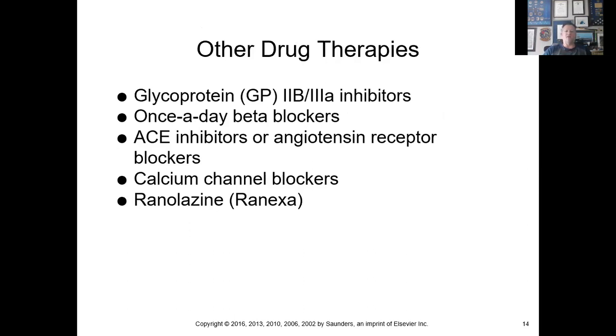Glycoprotein 2B3A inhibitors. Now, during PTCA, there are different inhibitors that you can give, such as Aggrastat, ReoPro. What these do is they thin the blood out. They really bring it down, given along with heparin. All right.